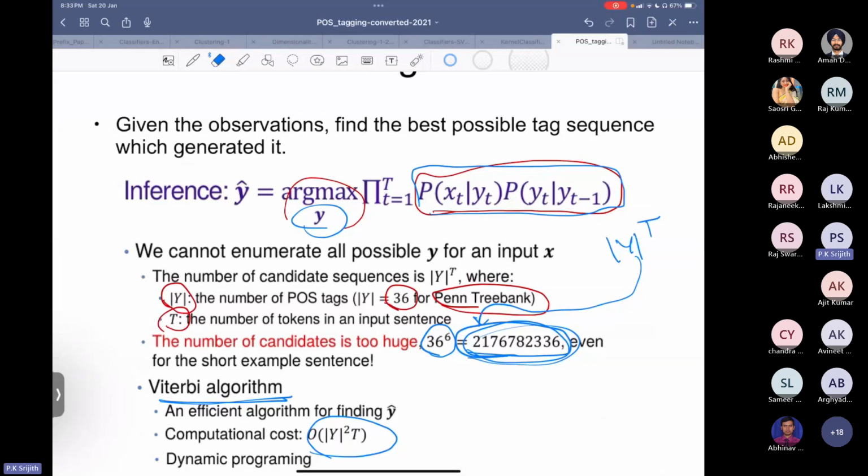But I mean, we can take log also in the standard setup. It is just one scalar value that you consider, and there is no products involved. In the case of Viterbi, there are products involved, and you can take log over this also.